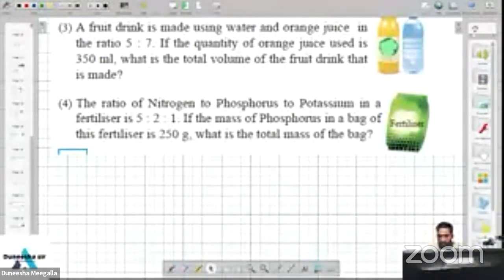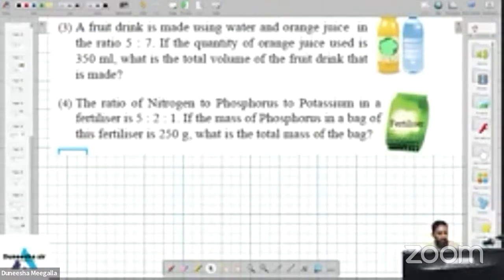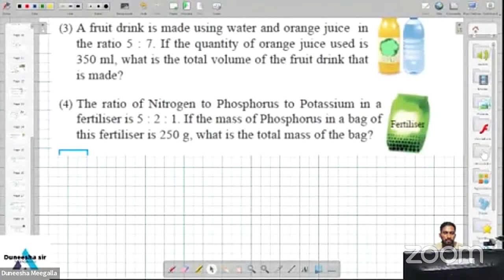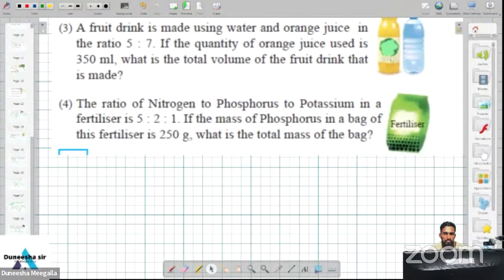Tenuli, both are correct. මට answers ටික එවන්න. Yes, Priya's answer is correct.